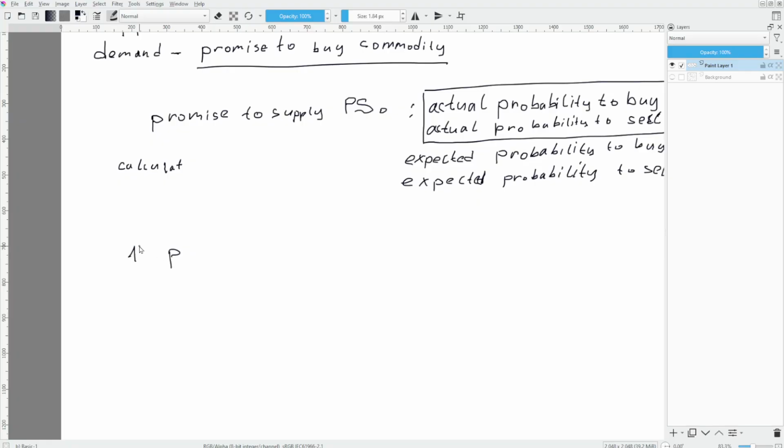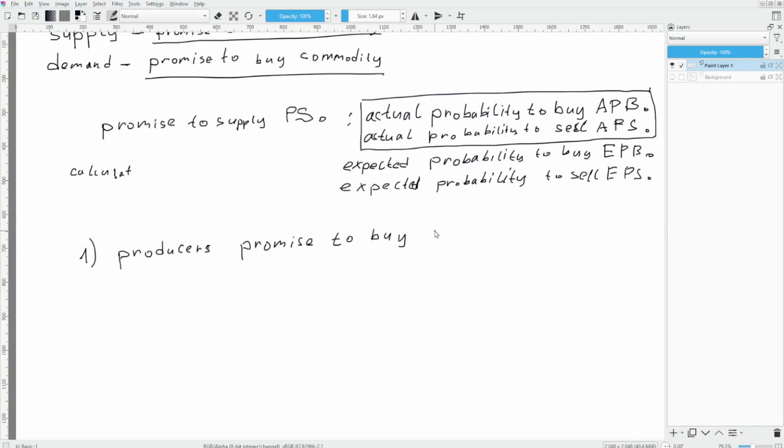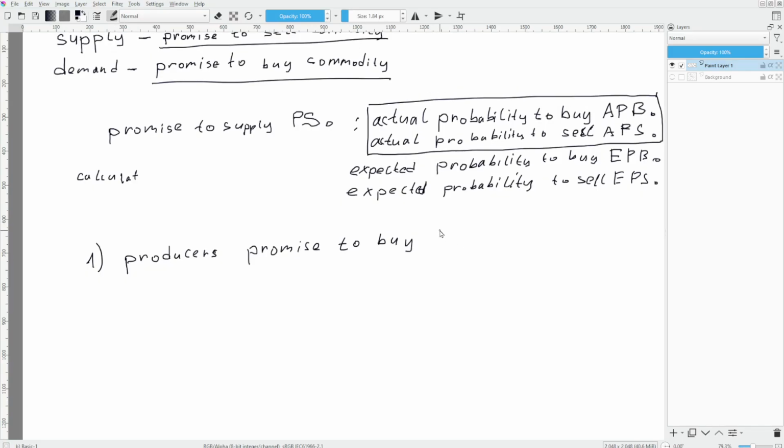Step 1: producers promise to buy, promised demand 0, 1.